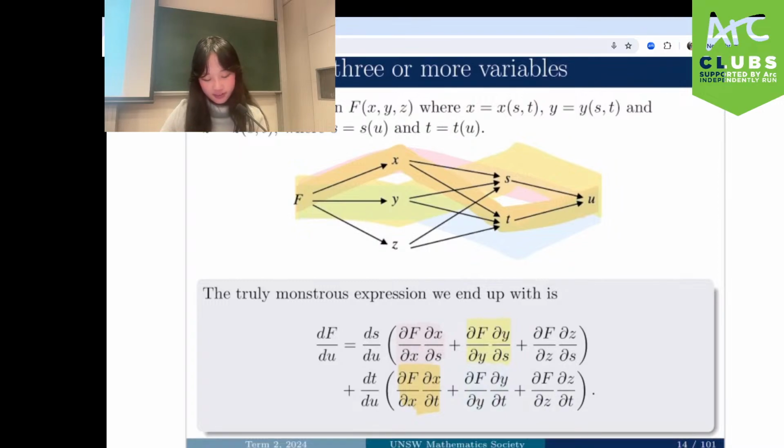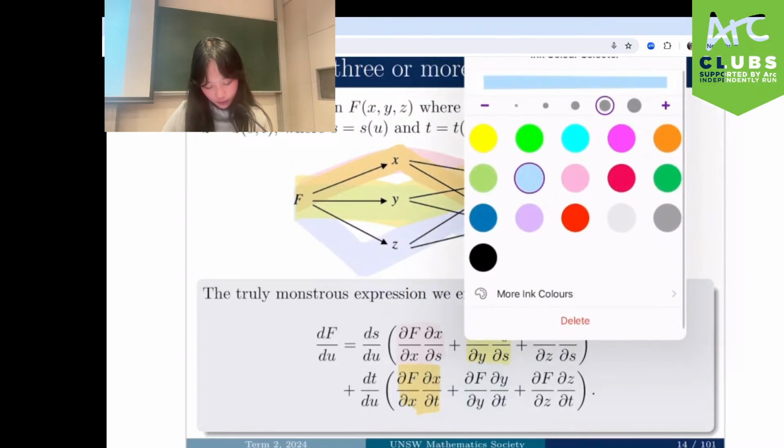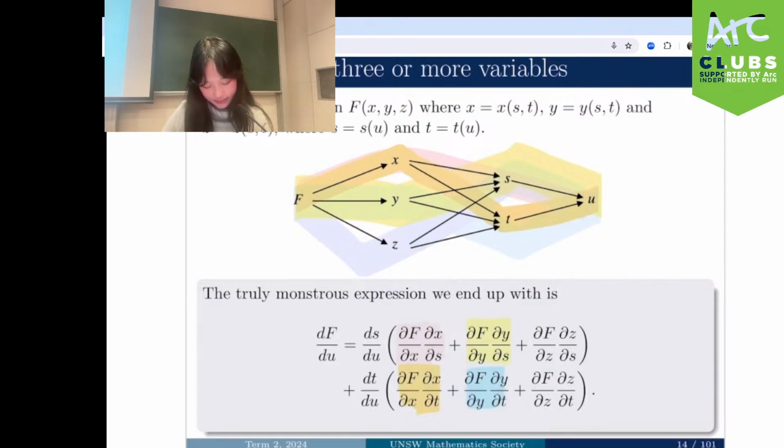Running out of colors now. And we've got this one as well, which is correspondent to which one? Oh, hold on. The blue is just very faint. There we go, that's better.